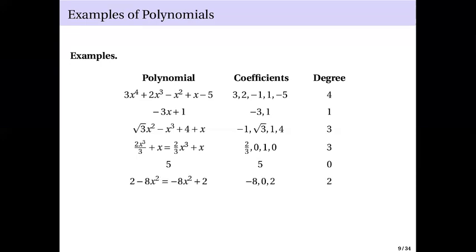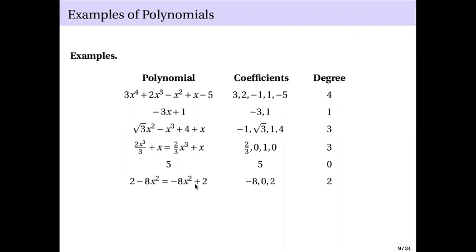Next example here, you have 2 minus 8x squared. Okay? And the highest power that we see here is squared. So the degree is 2. If we rewrite this in our standard form, you'll write it as negative 8x squared plus 2. And in here, you don't see the variable x power 1.